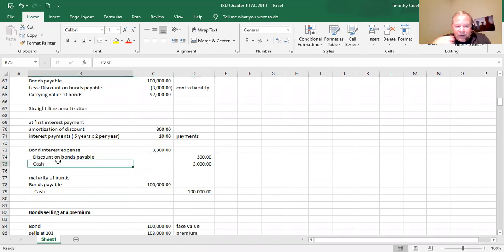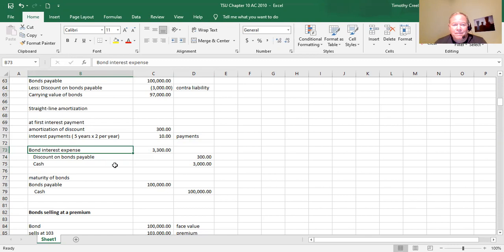Our credit to cash is for the amount of interest being paid to the bondholders. So with every interest payment, we have a debit to bond interest expense that includes the interest we're paying to the bondholders plus the amount of the discount being amortized.